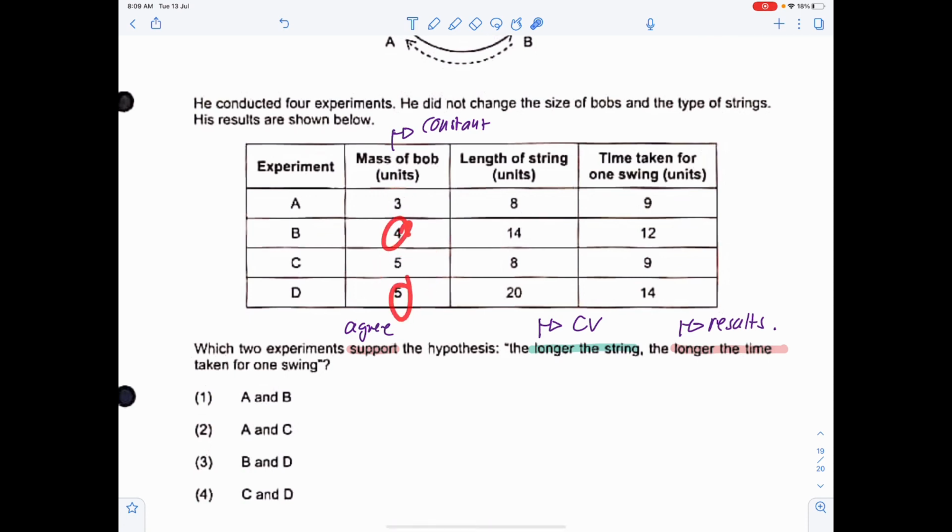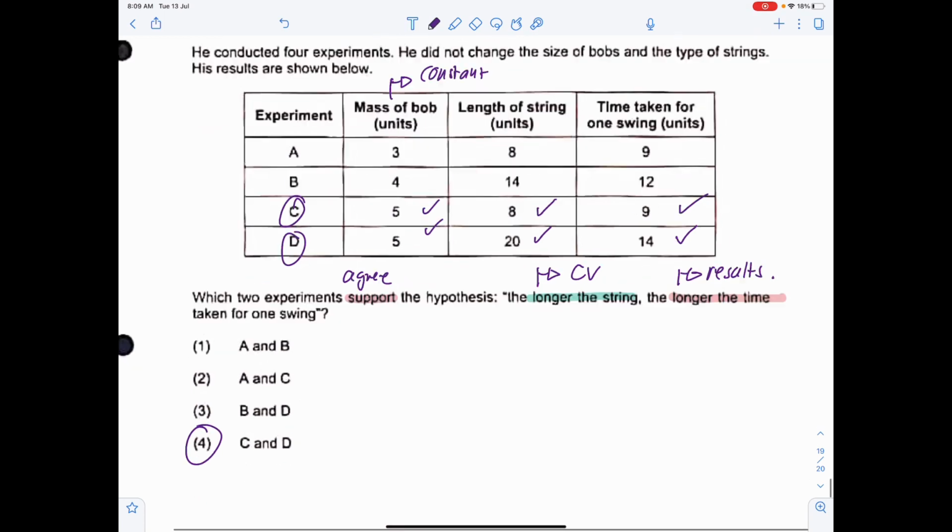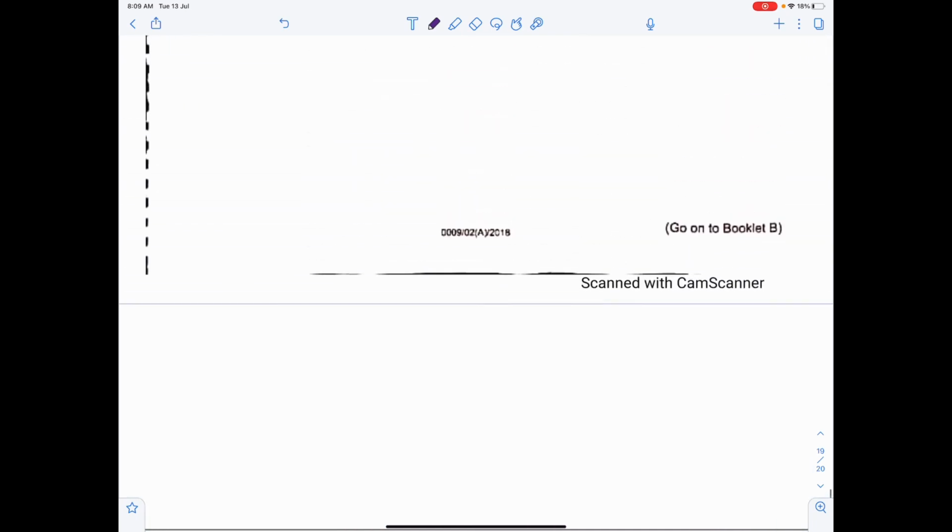It cannot be 4 and 5, cannot be 3 and 5, cannot be 3 and 4. So it's pretty obvious that the answer is C and D, but we need to double check. Then we check the longer it is. We look at D. D is actually longer than C. That's true. The time taken for one complete swing is also longer. So yes, indeed, the answer is C and D.